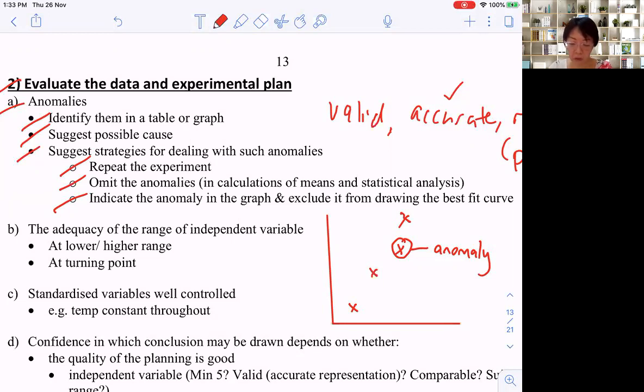Say for example, you got 1, 2, 3, 4, 5. One more point here. So this is also an anomaly. Straight line, doesn't look good. This anomaly must be further away.